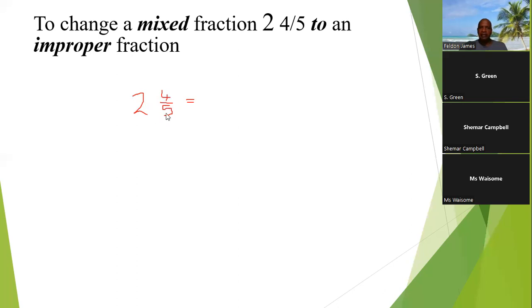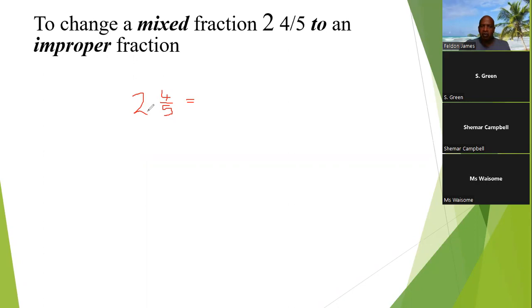So if each of the pizzas was cut up into 5 slices, then you have 2 of them cut up into 5 slices. So 2 would give you how many slices in total? 10, sir. And so that's why now we multiply the 2 times 5, that will give you 10 slices.